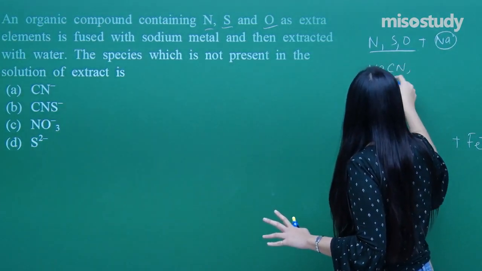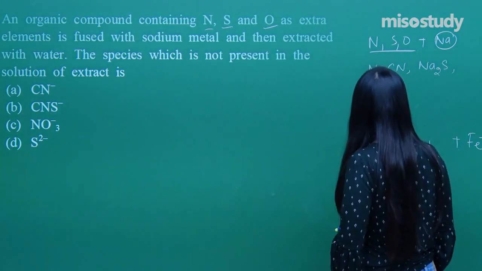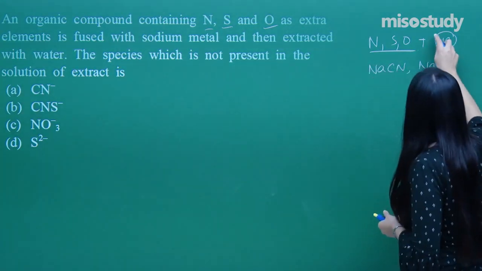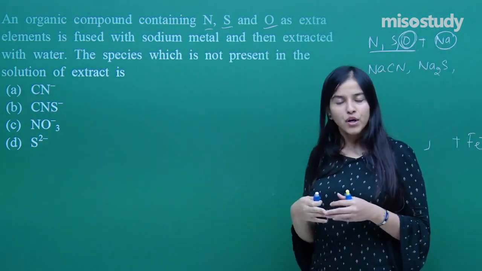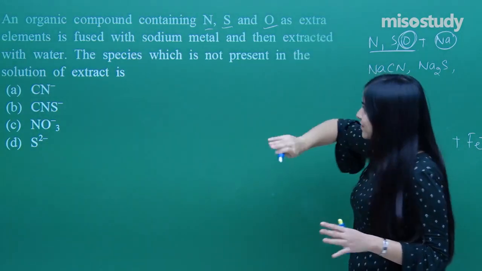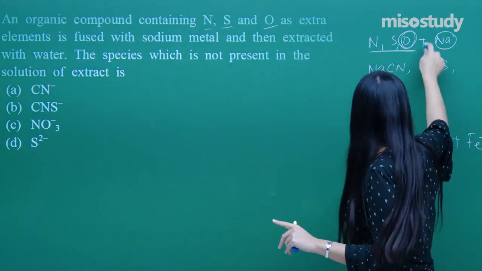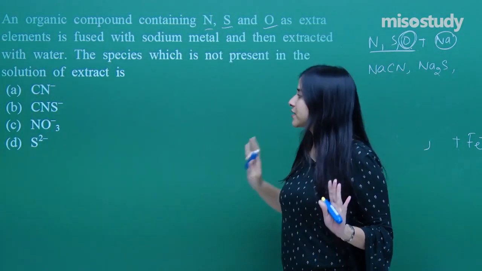NaCN, Na2S, right? We all know what all are the formations, and for oxygen there is no such kind of an interaction with the sodium. So, then these are extracted with the water. I have got an alkali as well.